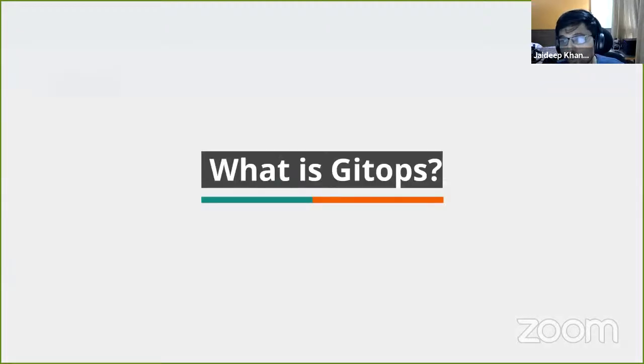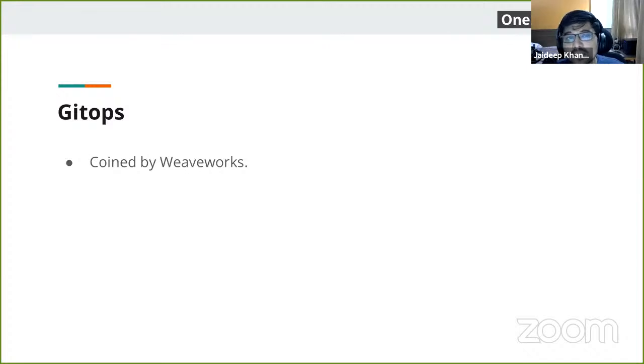So what is GitOps? GitOps is a term coined by a company called Weaveworks, who are also the creators of the Flux CD tool system. In GitOps, we treat the Git repository as the source of truth.